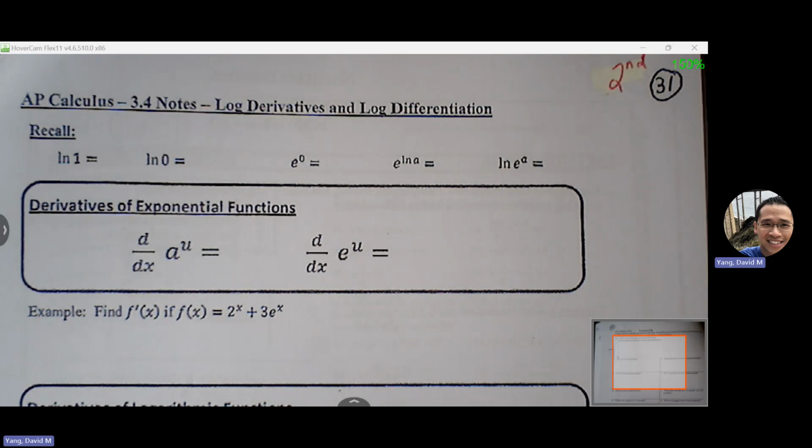So instead of just e to the x being e to the x, the derivative of e to the u is now e to the u times u prime. It's basically the same thing. You're just replacing the x with u and then always multiplying it times u prime. And natural log of x initially is 1 over x, but we're going to say 1 over u times u prime, which is the same thing as u prime over u.